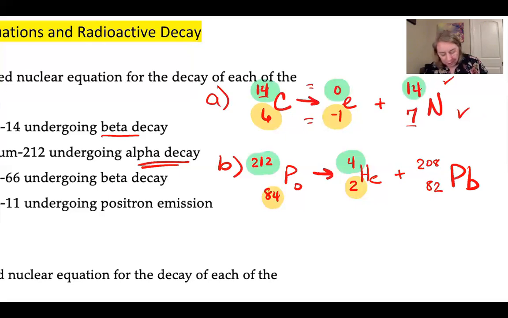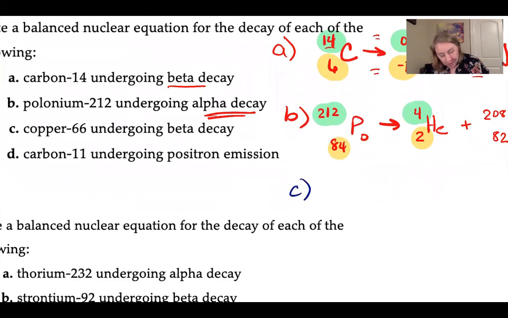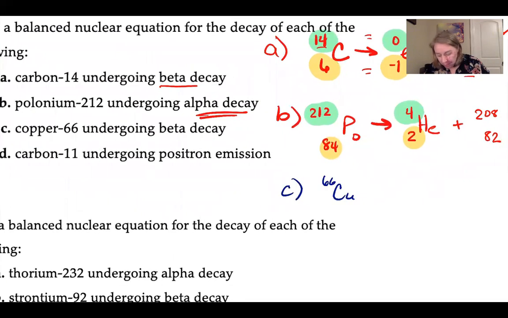Okay, let's try another one. Let's try C. Copper-66 undergoing beta decay. All right, so copper-66 is undergoing beta decay. So beta decay, we are going for an electron, right?